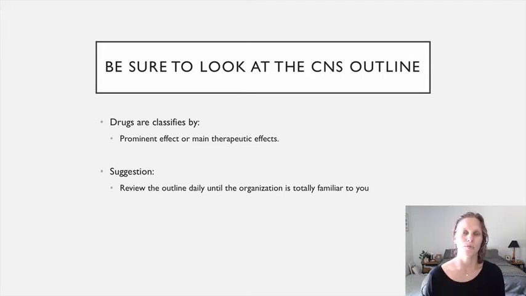Ideally, you would be reviewing that outline daily, in a perfect world, multiple times a day, and continue reviewing it until the organization and the drugs and the uses for those drugs and the classes, etc., become super familiar to you. That will make this particular unit go a lot more smoothly.